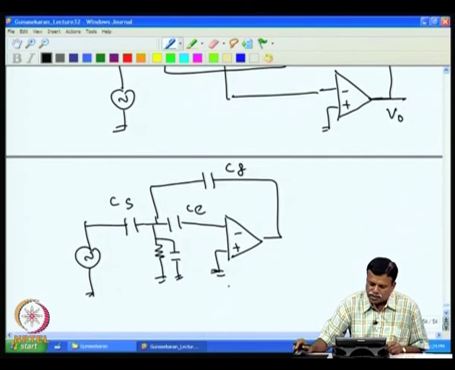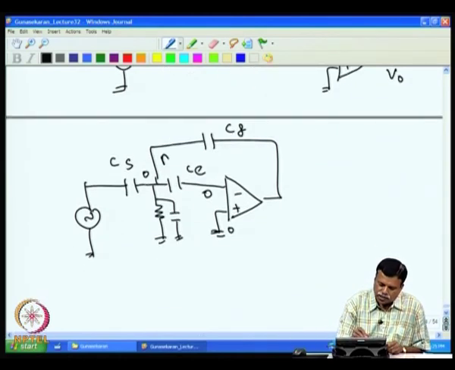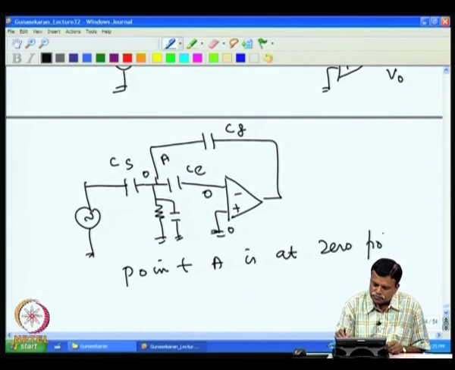Now, we know that this is ground potential, this is also 0. So, one can assume that this is also at 0 potential, because when this is 0 there is no current flowing here, so this also has to be 0 only. This we call point A. So, point A is at 0 potential. That is the crux of the circuit here.